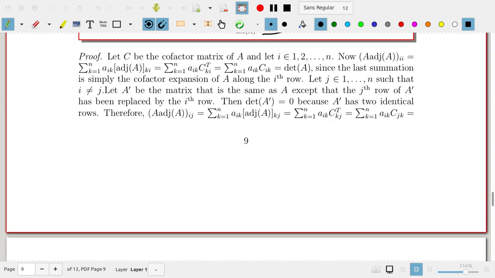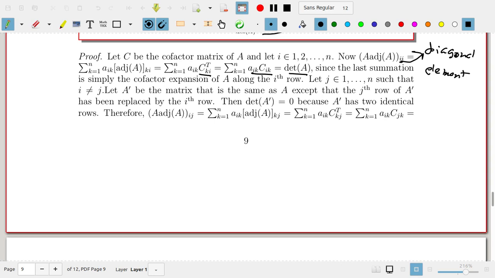So A times the adjugate of A, the ii element, you mean the diagonal element of this guy, is equal to the sum of A_ik times adjugate of A_ki. But adjugate of A is the transpose of the cofactor matrix, so C^T_ki is C_ik. This is equal to det A, because this last summation is basically cofactor expansion along the ith row.